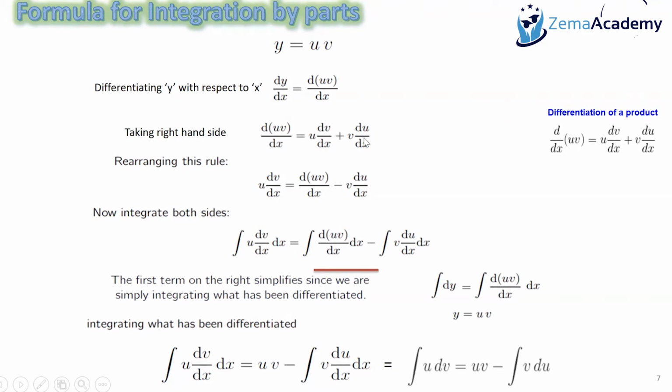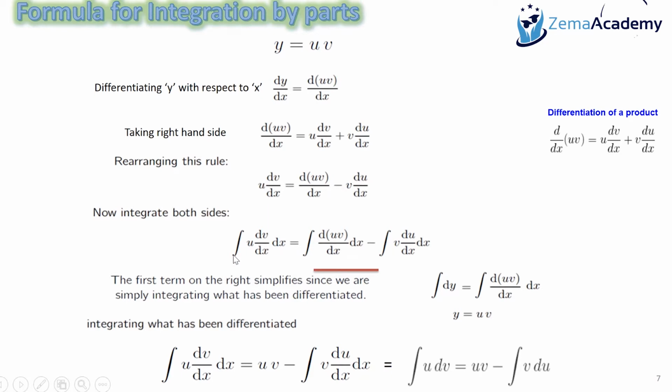And when I bring this term over, this is how my equation will appear: u dv by dx equals the differential of the product uv minus v du by dx. Now, this is the statement that can be integrated on both sides of the equation.